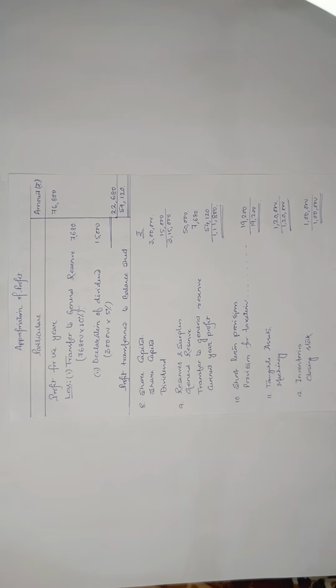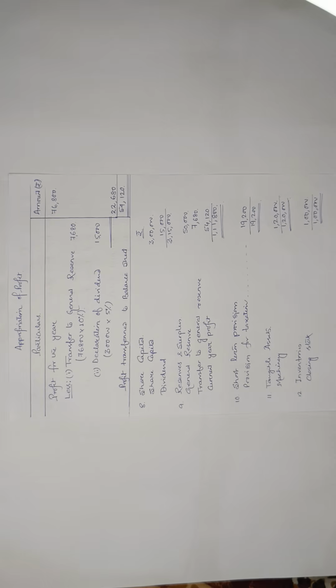Now, as I told you, you need to prepare either only the statement of profit and loss or also your balance sheet. But here there is certain information, like the board declared a 5% dividend, which is a unique adjustment, and transfer 10% of profit to general reserve.